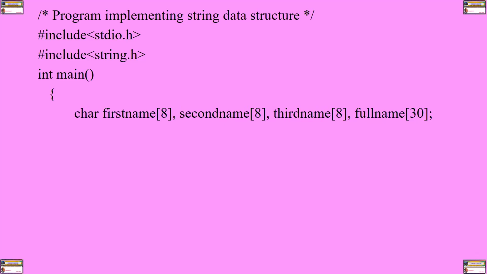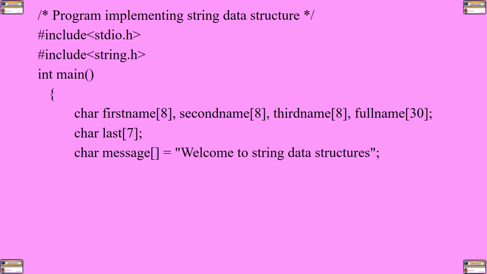The last one there is firstname, whose content should not exceed 8 characters. These four memory locations are for arrays of char, and therefore the data type is char. We also have another variable of type array of char, which is last, and it should not exceed 70 characters.